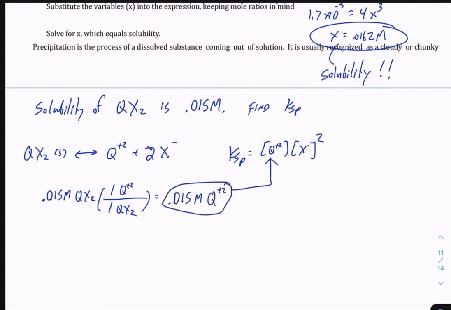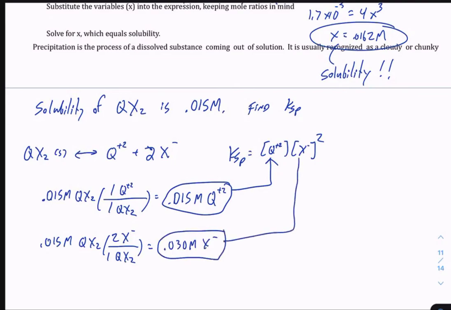Let's do this again: 0.015 molar QX2, and in every one QX2, how many X's are there? Two. And solve.